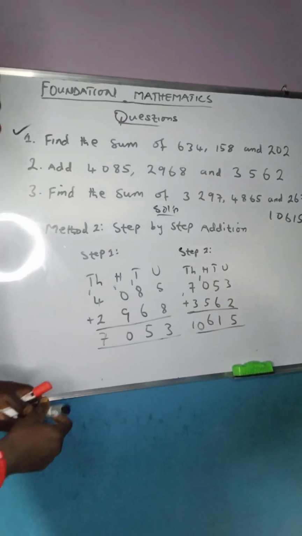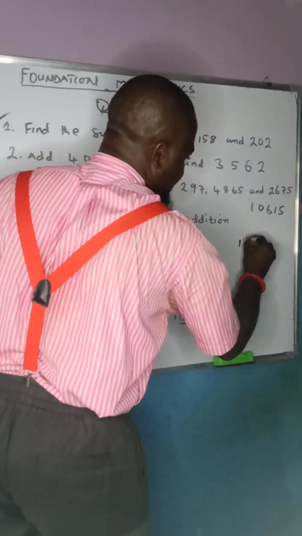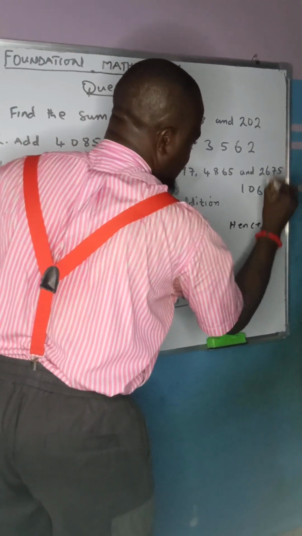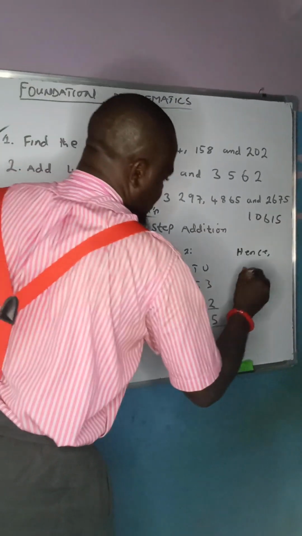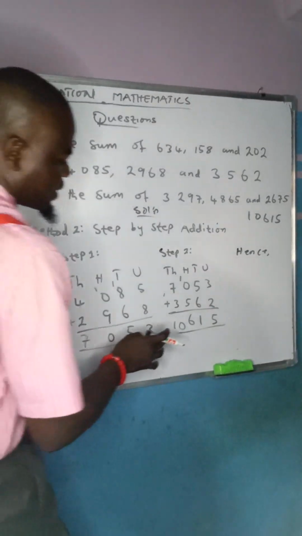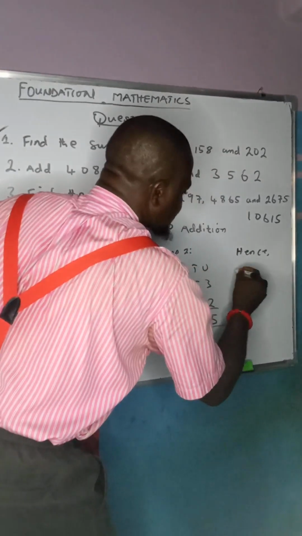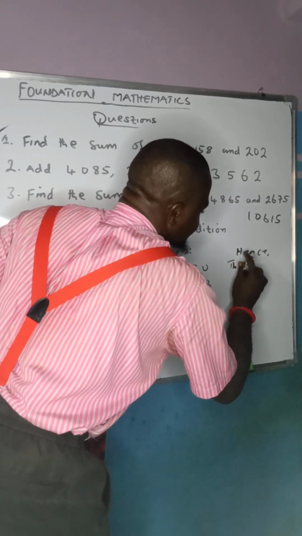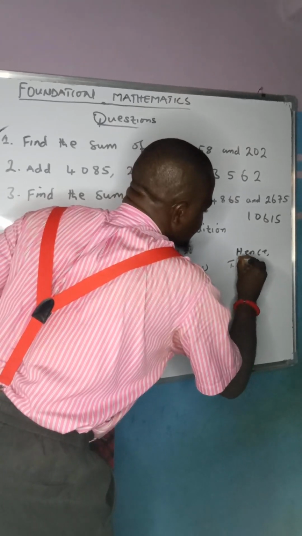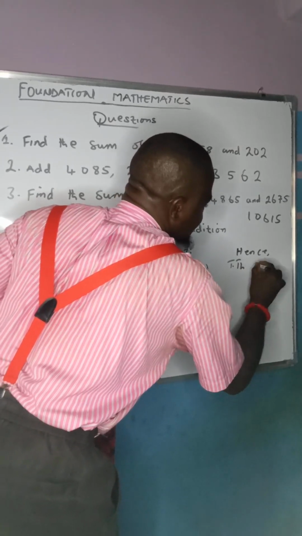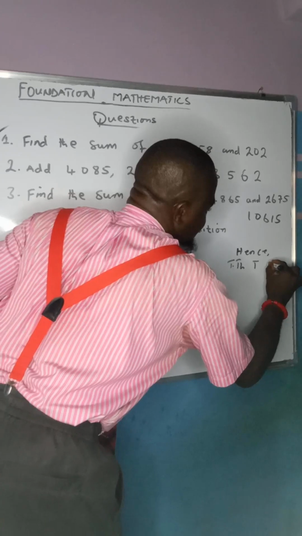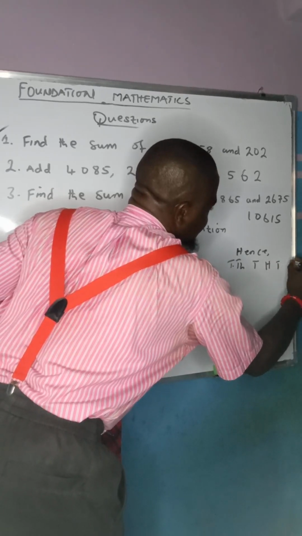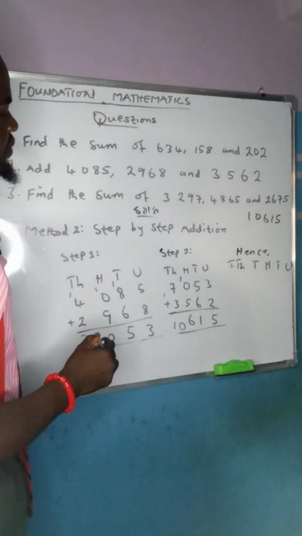Now, what am I supposed to do? I'll say hence. Look at what I'm going to do here. I can now introduce the 10,000 here. 10,000, 1,000, 100, tens, and unit.